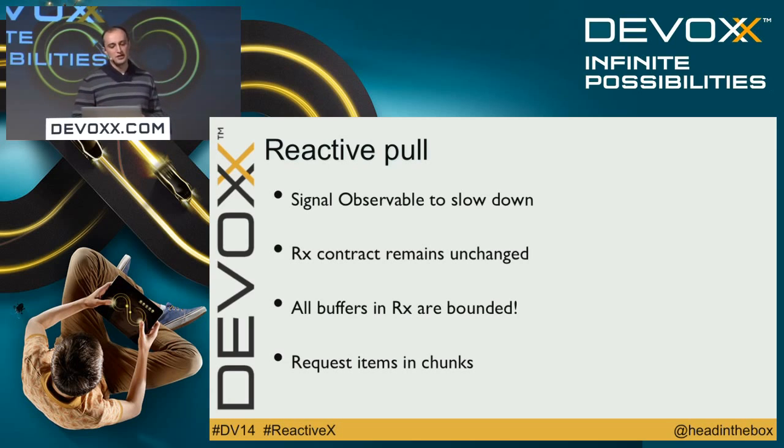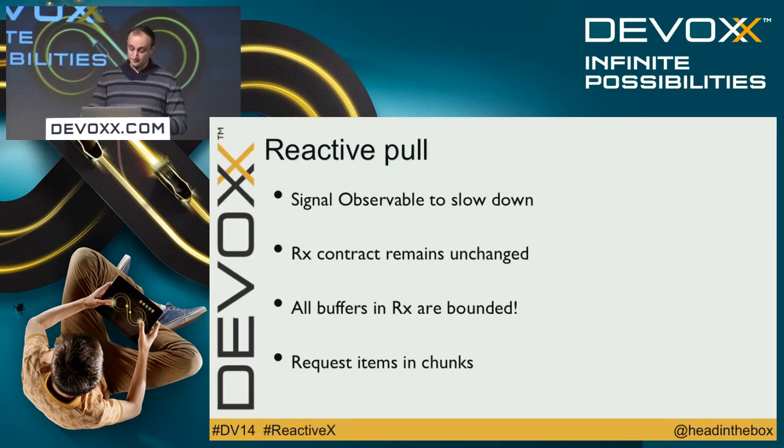And we're not pooling these items because they still get emitted asynchronously, but we get them in chunks. We signal the observable, this is how much we can handle, and this would be too much.